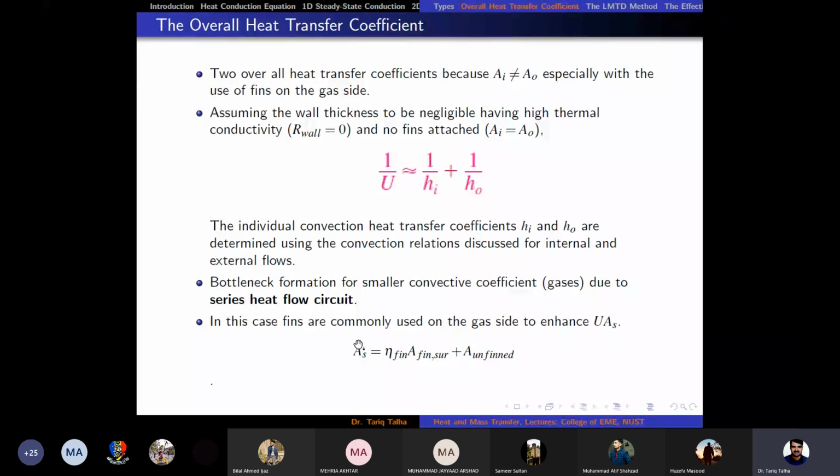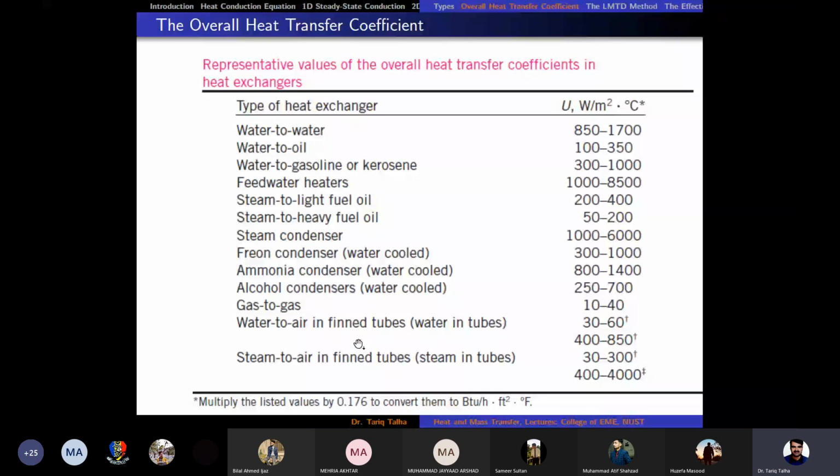So U values for different types of heat exchangers which are used in industry are given in this table. If you look at the values, whenever we have some kind of phase change process, like in the steam condenser, the U value would be quite high.